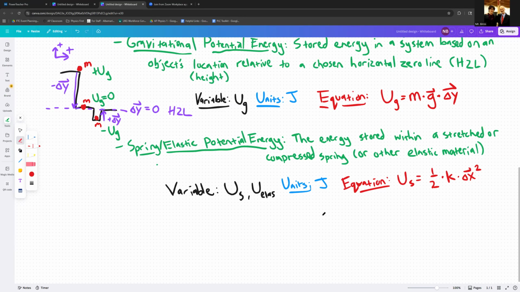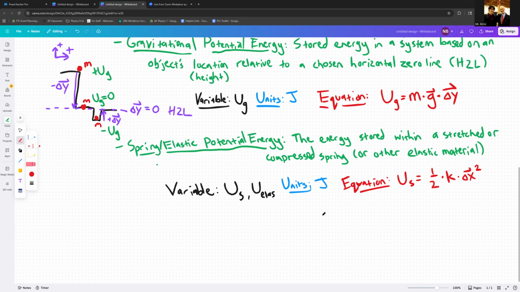There are other types, of course. There's nuclear potential energy stored within the nucleus of atoms. There's molecular potential, which we call chemical potential, because of the bonds between molecules. We have stored chemical potential energy that could be released through a chemical reaction, like burning wood on a fire is releasing chemical energy, all kinds of things.